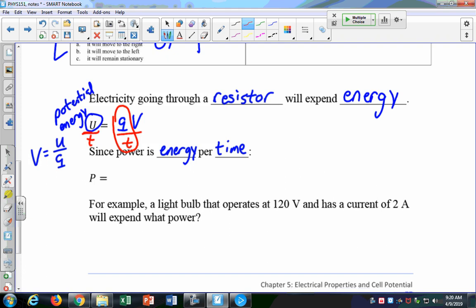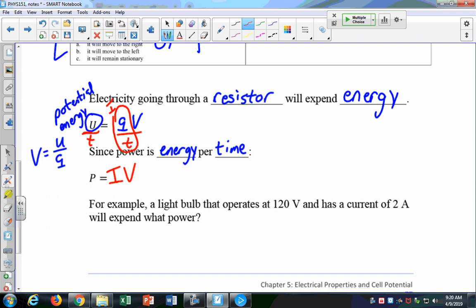We just saw it a few minutes ago. How many coulombs of charge pass a point in a given amount of time? Yeah, you're right, Jay. That's awesome. Yeah, it's called current. So that's our current, which is I.